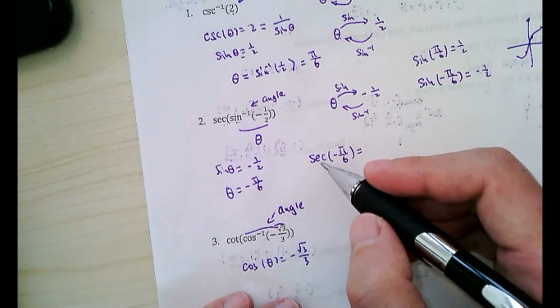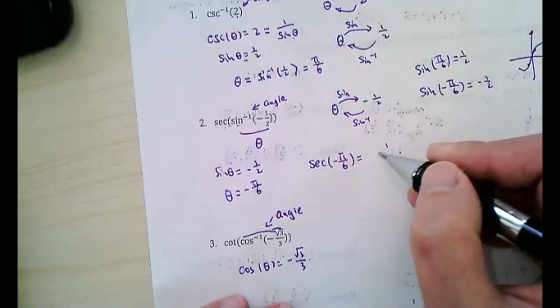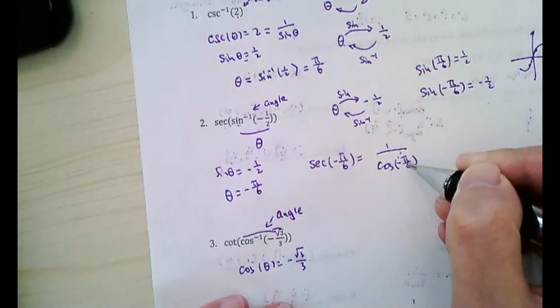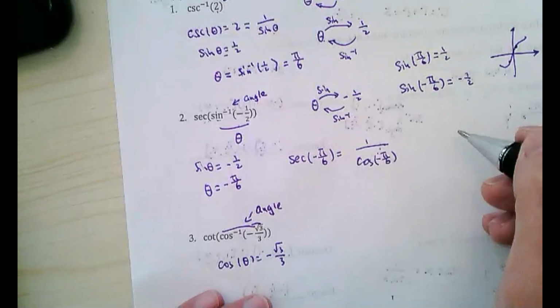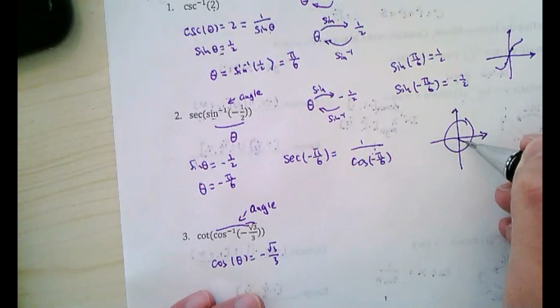Again, the secant function is complex. Let's break it into small parts. A secant function is just 1 over cosine of this value. And according to our unit circle, if you have -pi/6, it still uses the same x coordinate as pi/6.